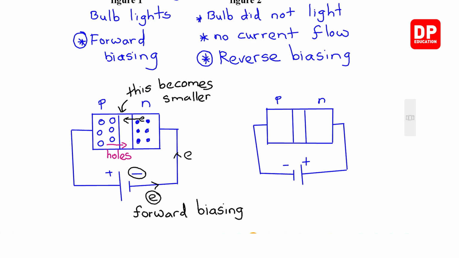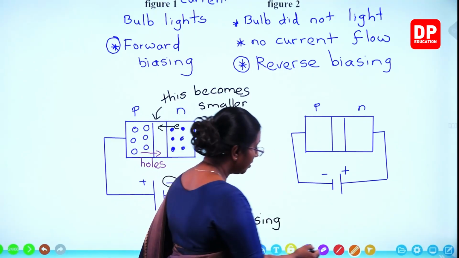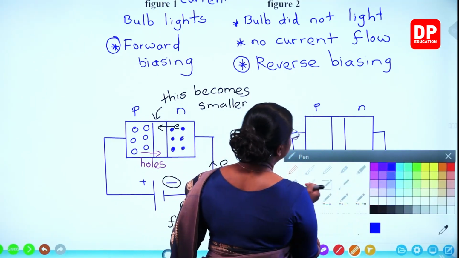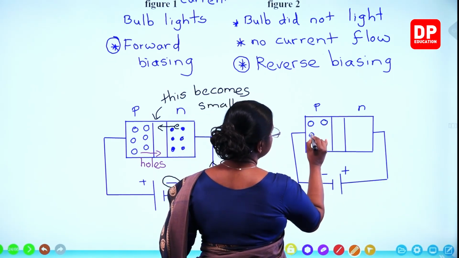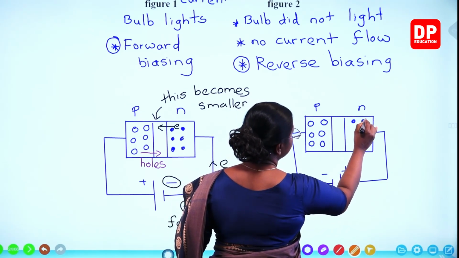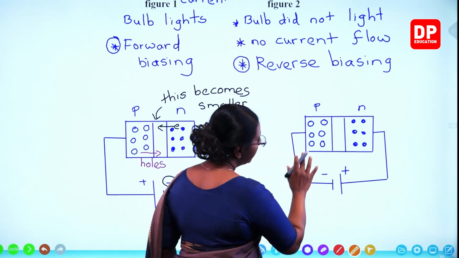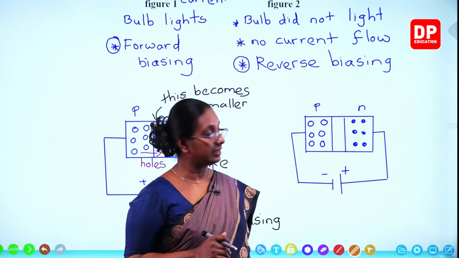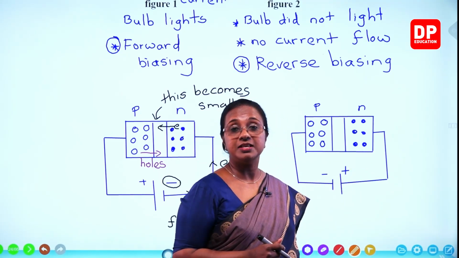On the other hand, when you connect the PN junction this way, now here also we have the P region and the N region. Now P region we have the positive holes, and N region we have the negative electrons. Now how have we connected? The positive terminal is connected to the N region.